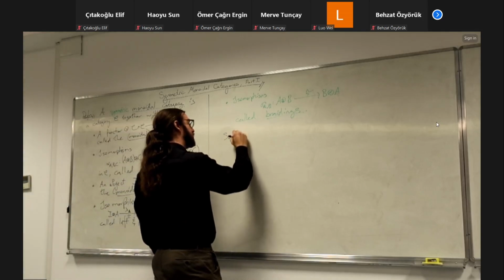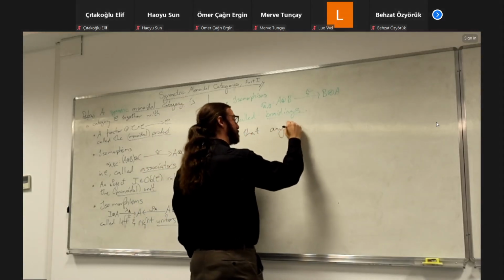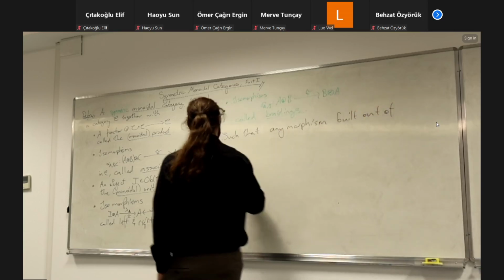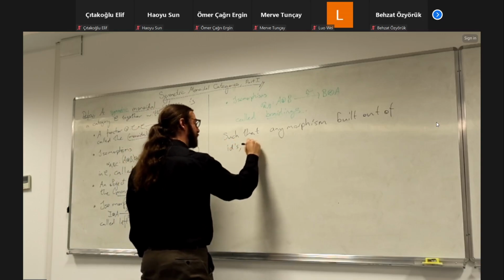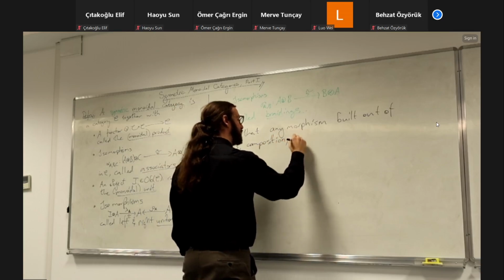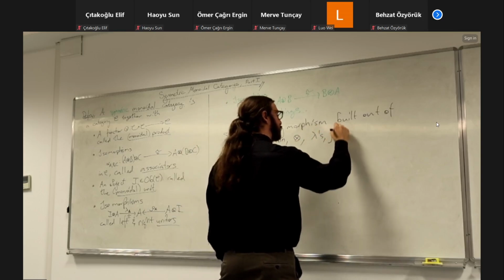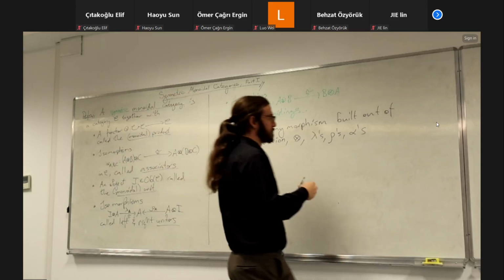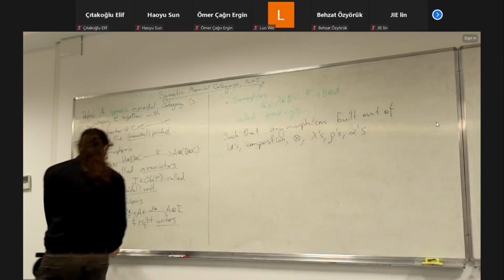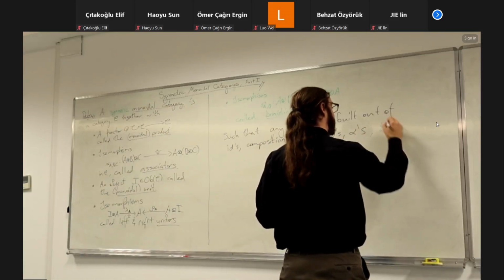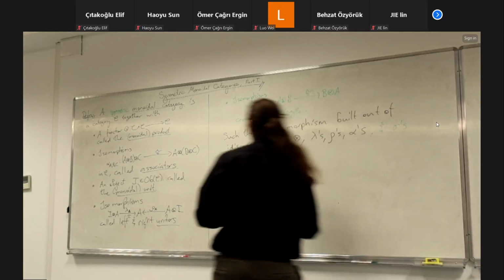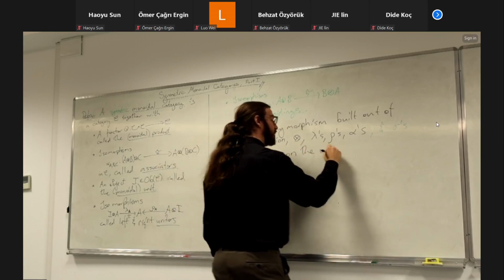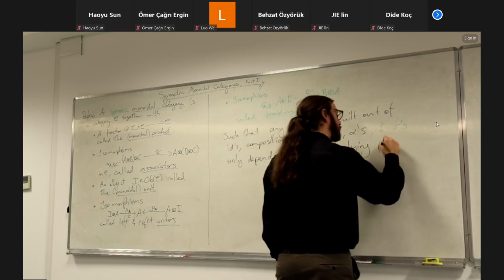So, such that any morphism built out of identities, composition, tensor product, lambdas, rhos, alphas, and sigmas only depends on the underlying permutation.